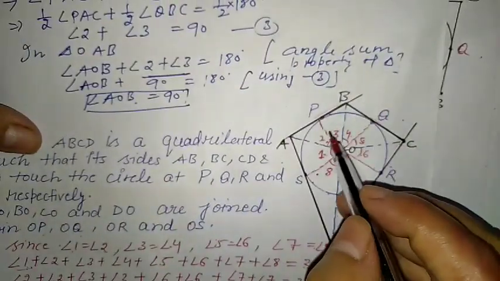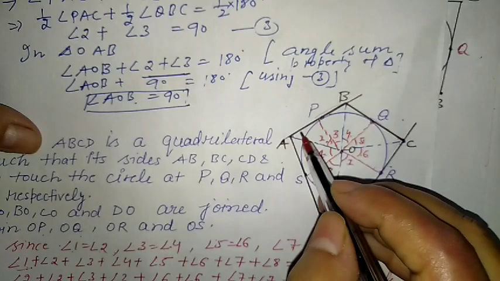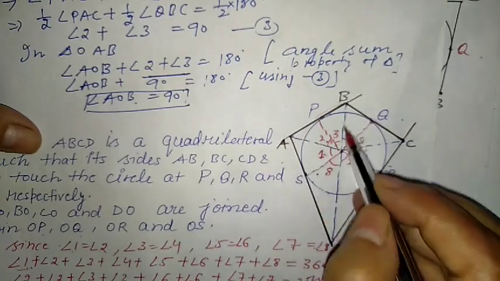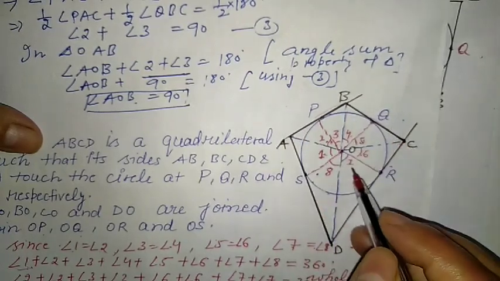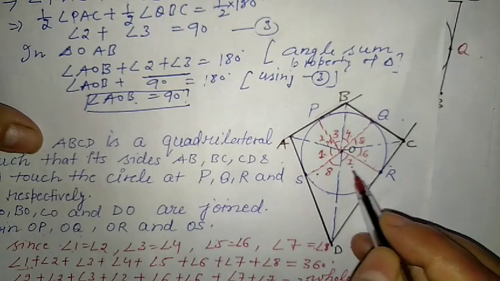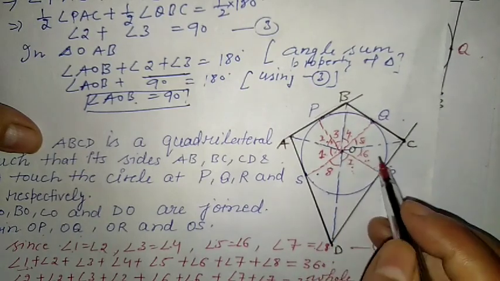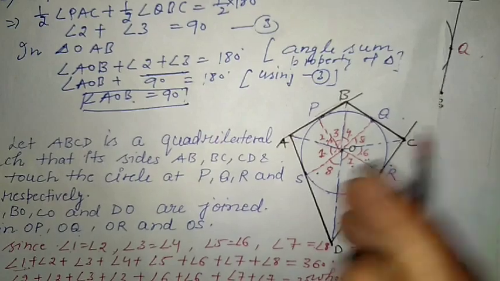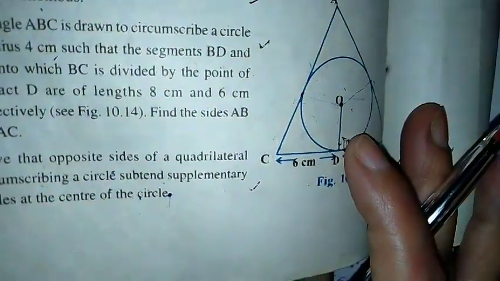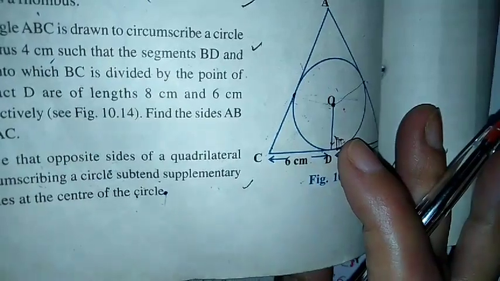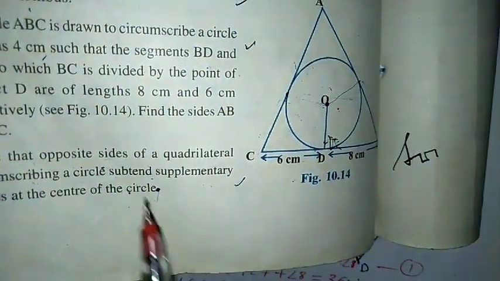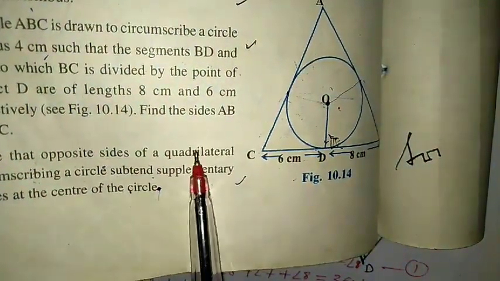In the figure, we can see 2 and 3. These are the opposite angles, 2 and 3. Similarly, we can take here 6 and 7. These are on the opposite sides because it is given in the question. That's why we have replaced angle 1 by 2, 4 by 3, 5 by 6 and 8 by 7, because this is given: the opposite sides of the quadrilateral.